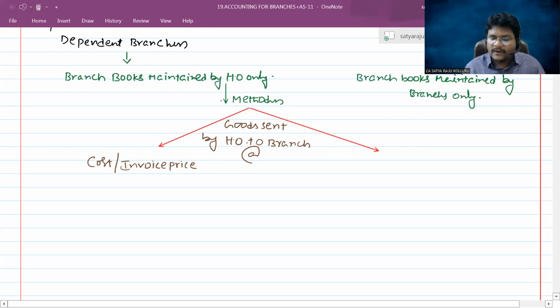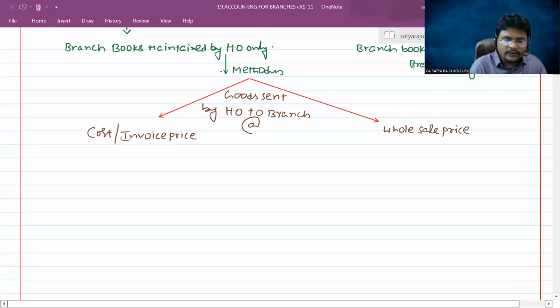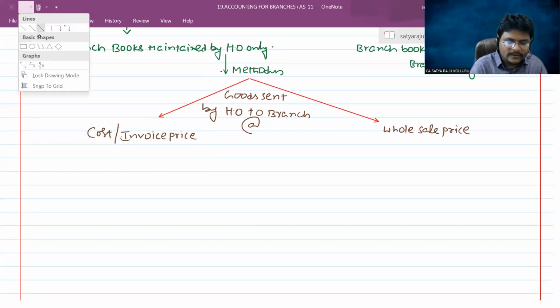If such goods are sent by head office to the branch at the rate of wholesale price, then only one method is applicable, which is known as wholesale price method. What are such three methods?